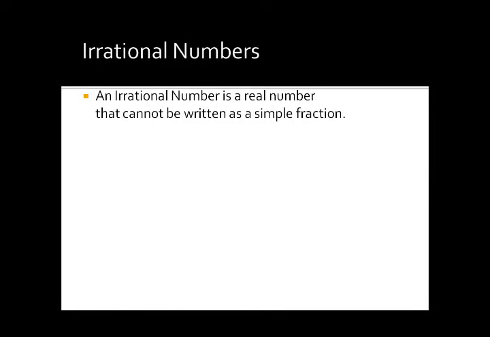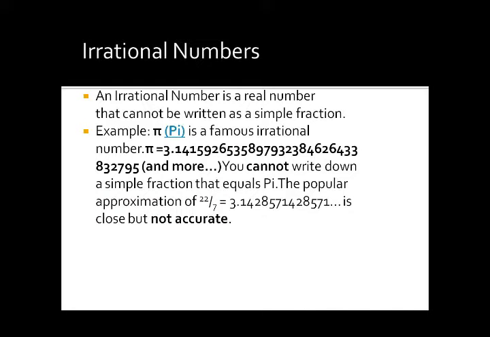So now irrational numbers, which are real numbers that cannot be written as simple fractions. A famous example, pi, is an irrational number that has many decimal places continuously, and this is only an estimate of the value of pi, and you cannot simply write this down as a fraction.